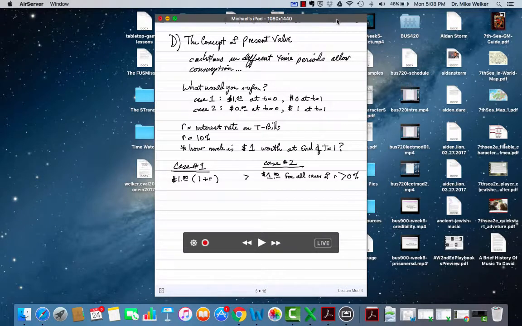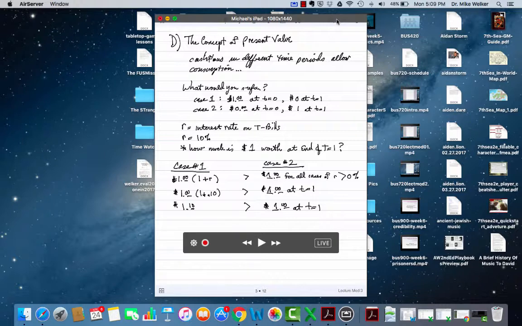So in terms of a 10% interest rate, we're going to take $1 times 1 plus 0.10. So $1.10. Well, that's greater than $1 at time period T1, because $1 times 1.10 is equivalently $1.10, and we know that's greater than $1 at time period T1.